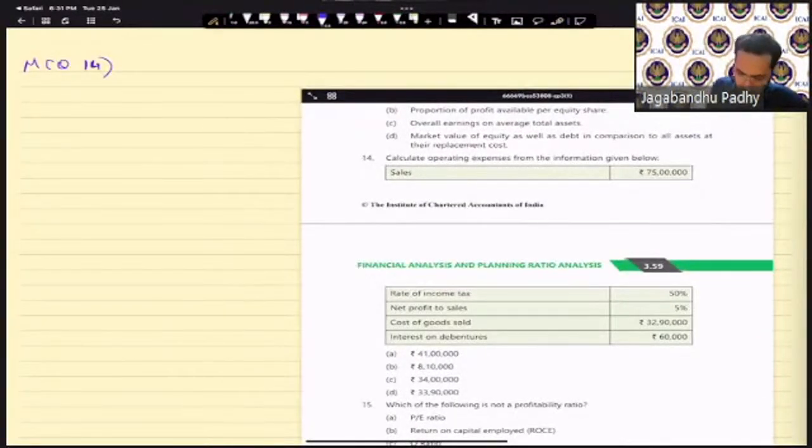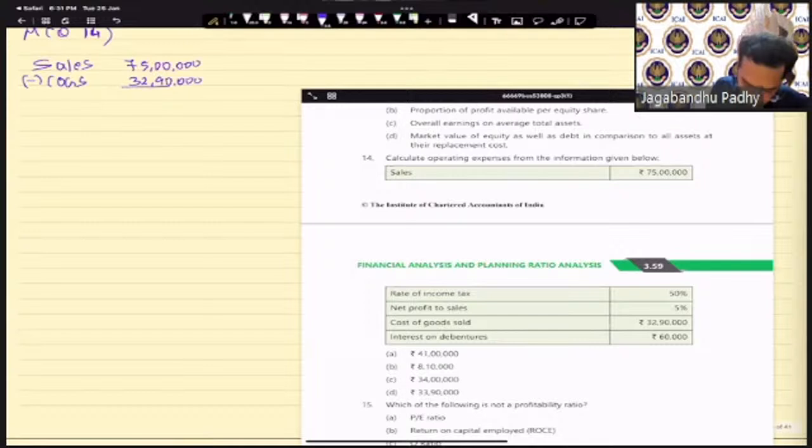So let's prepare it somewhat like this. We'll start with sales of 75 lakh. From that we subtract the COGS, which is 32 lakh 90,000. After subtracting that COGS, you should get gross profit.